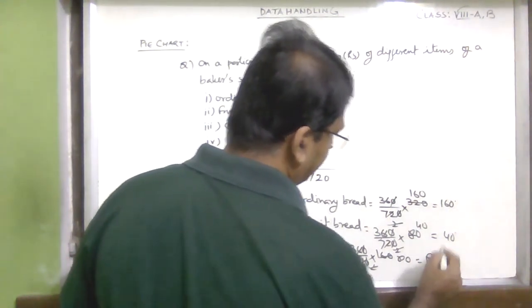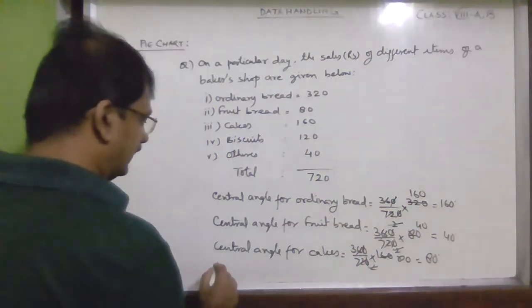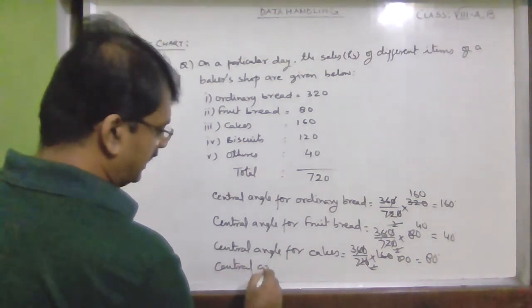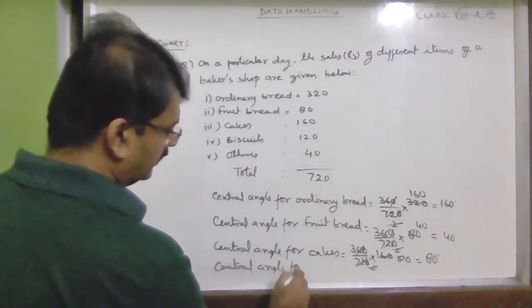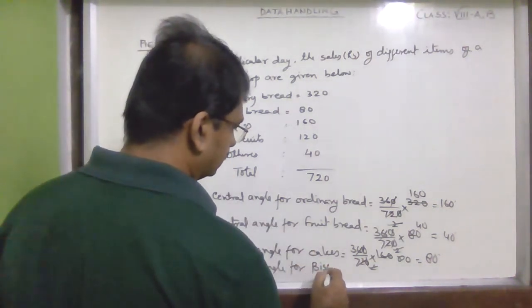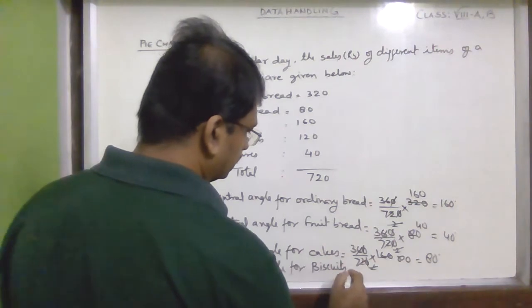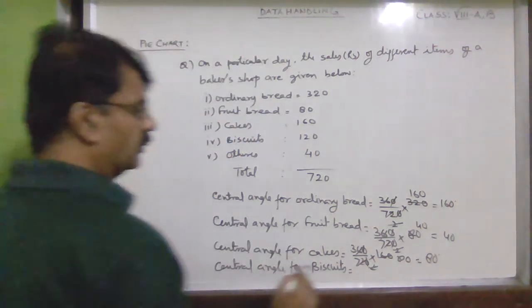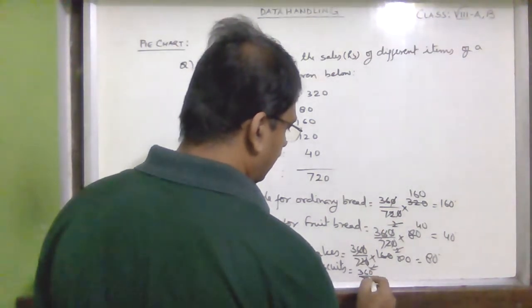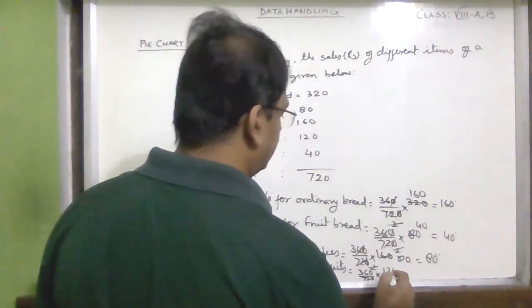So it is 80 degrees. Central angle for biscuits will be 360 upon 720 into 120.